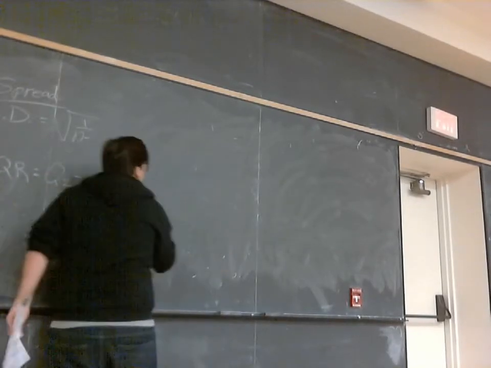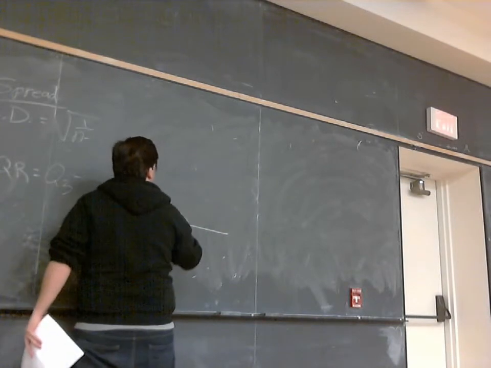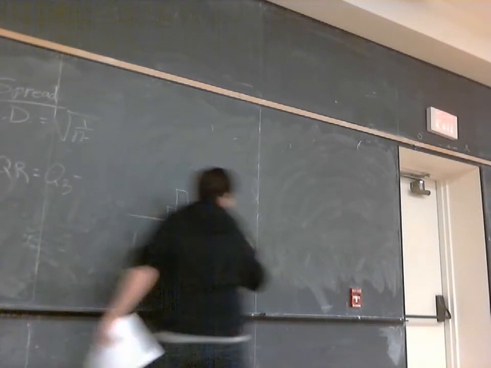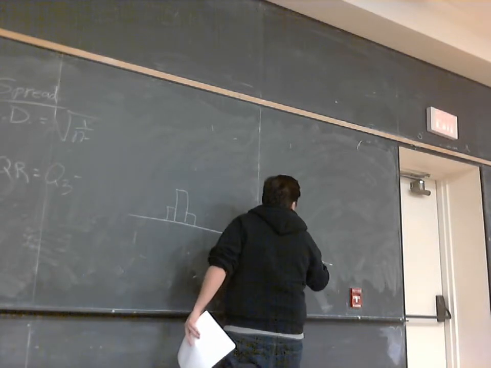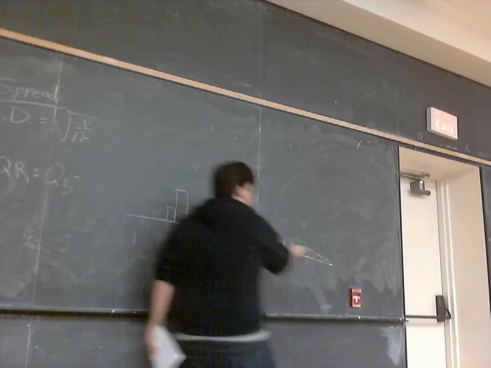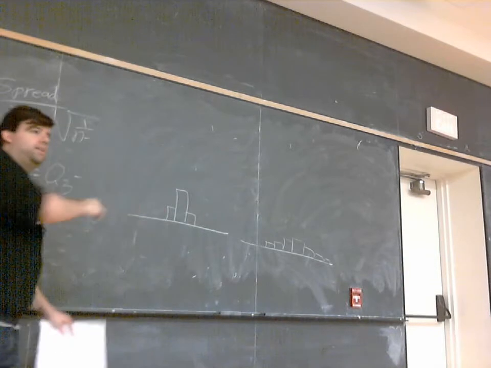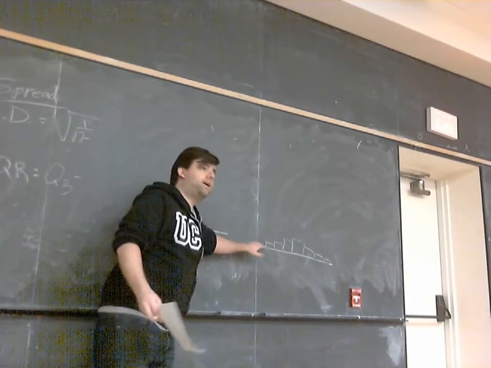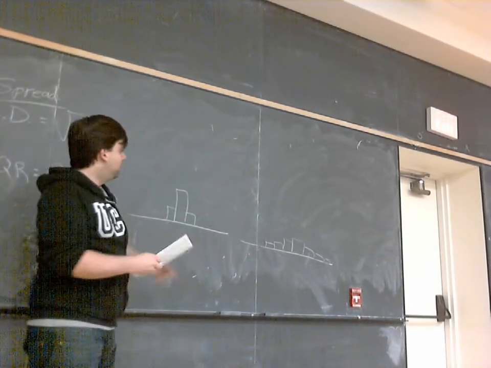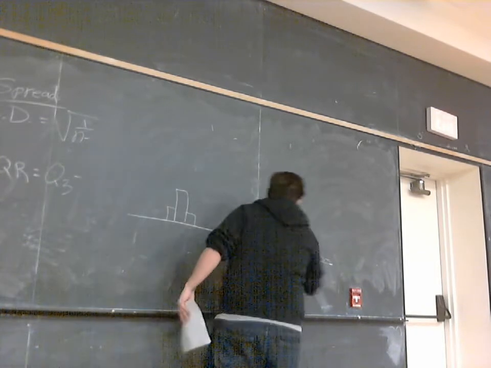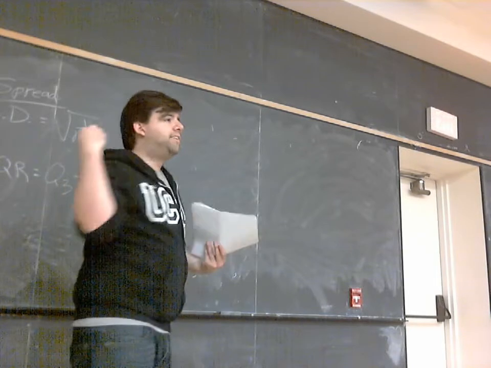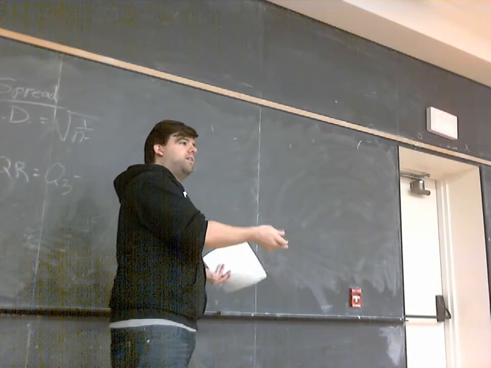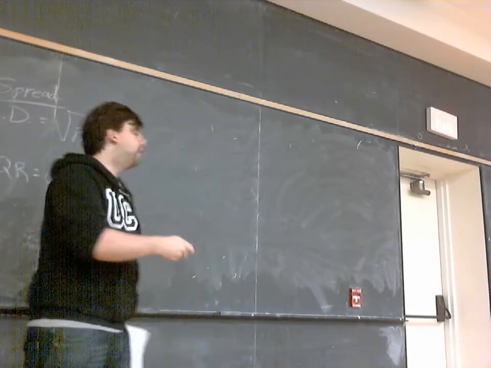If I have one histogram that's like this, and then another one that's like this, clearly one is more spread out, right? This one would have a higher spread. Think of it the same way we define the standard deviation, the average distance from the middle. There's a reason that's a measure of spread.